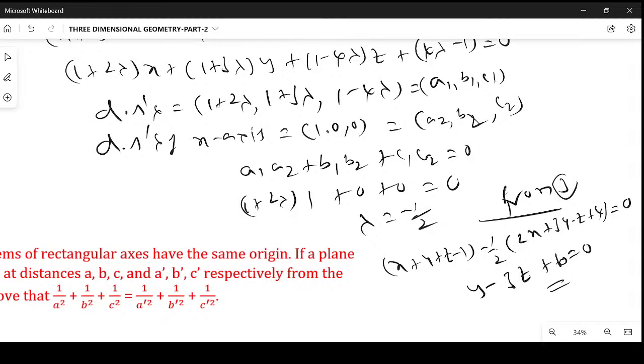That will be our required equation of the plane. This is the equation of the required plane: x plus y minus 3z plus 6 equal to 0. If you want it in vector form, you write r bar dot (i cap plus j cap minus 3k cap), or you can leave it. This equation is the required plane.